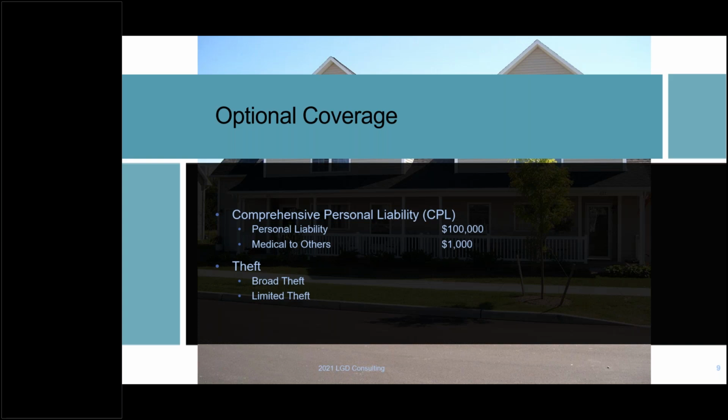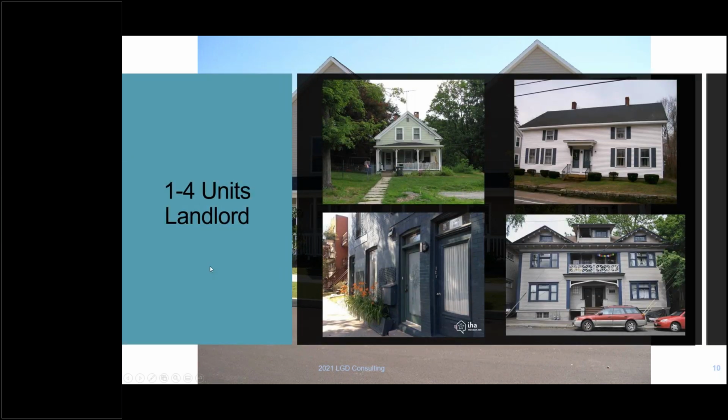So rather than buy the liability and add it to your dwelling policy, since you already have liability as part of your homeowner's policy, you can extend the liability from your homeowner's policy to this location. Okay? And then you don't have to pay the additional premium for this. It'll cost less to extend the liability from your home policy to this location versus buying the liability endorsement added to a dwelling policy. Okay. So those are the optional coverages there.